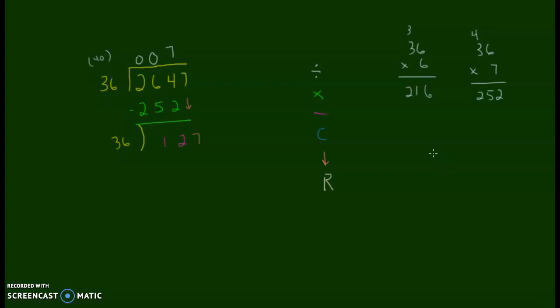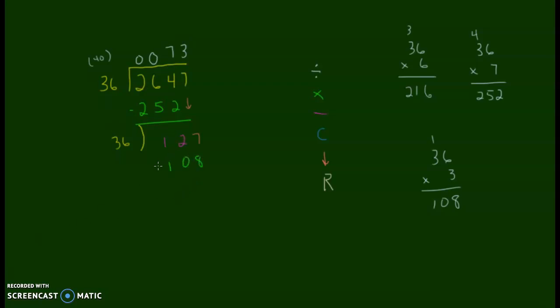So let's try 36 times 3 this time through. 6 times 3 is 18. 3 times 3 is 9 plus 1 is 10. So 108 is the closest I can get to 127 without going over. So there are 3 groups of 36 in 127. That's our dividing. So now we multiply. The 3 times 36 is 108.